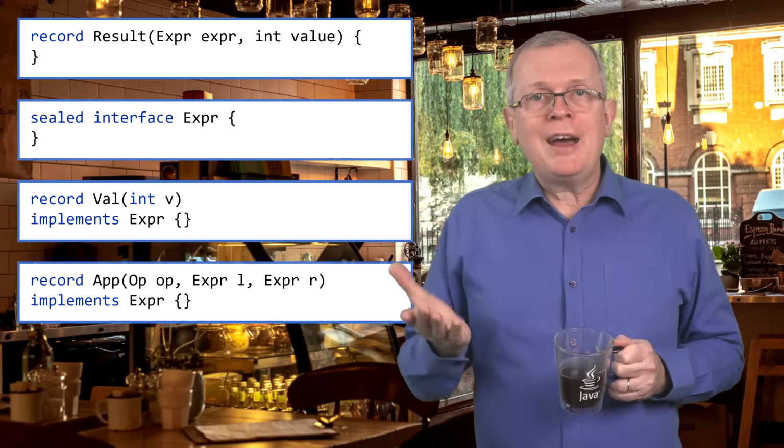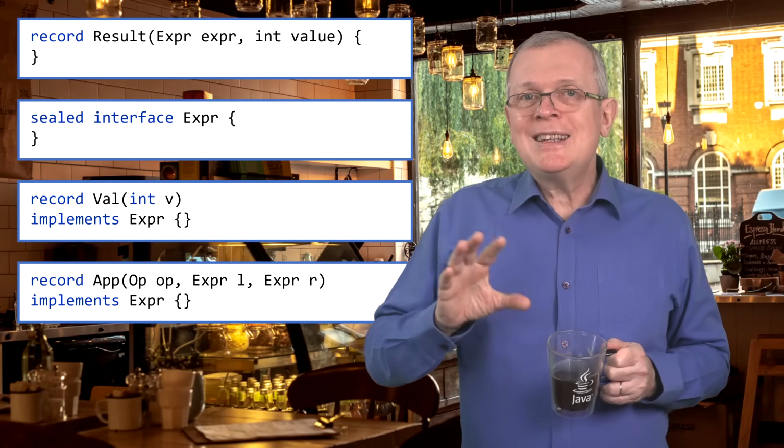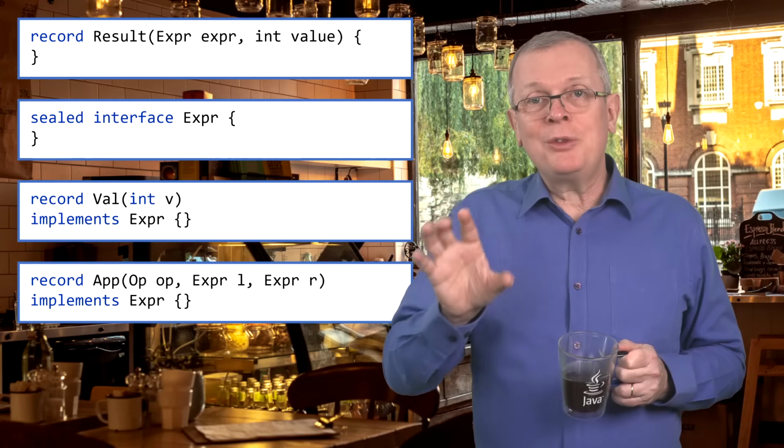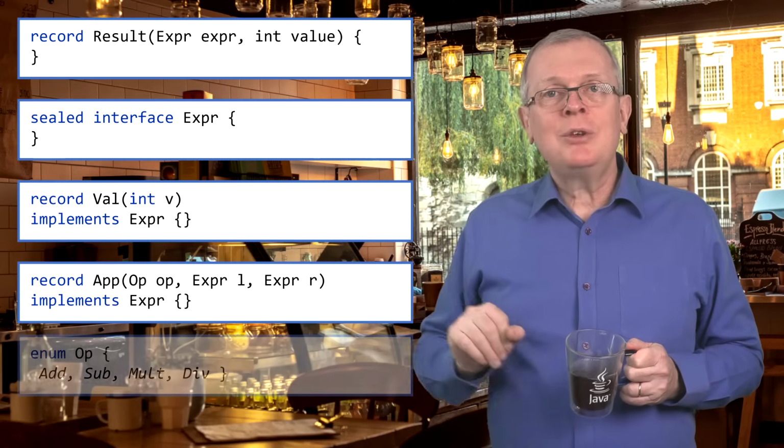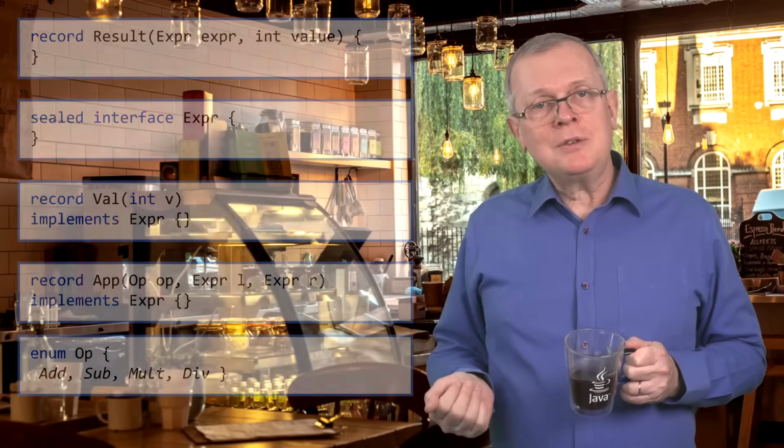This value record actually wraps an integer, and the operation, which is called app, is built on an operator, which is an enumerated value, and two other expressions. One method fully leverages this data-oriented approach, the method that is composing the expression into a string of characters.